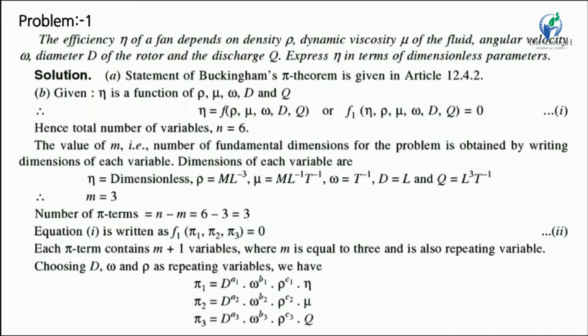So first of all, write the equation in this manner. Efficiency is a function of the given dependent variables: density, mu, angular velocity, diameter and discharge. And we can also write it in this form or in this form.